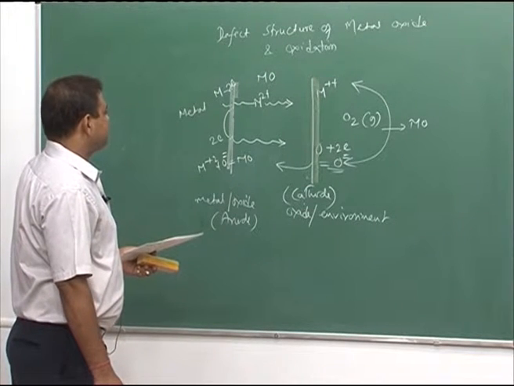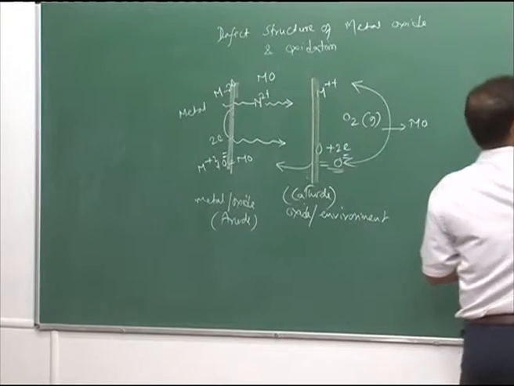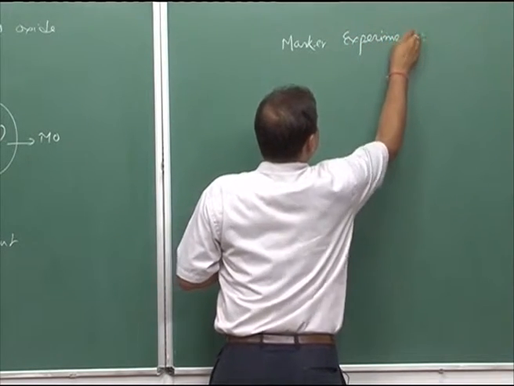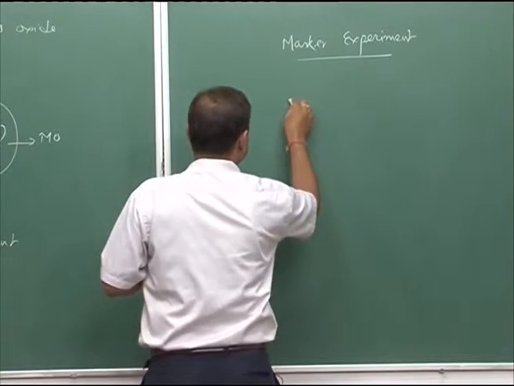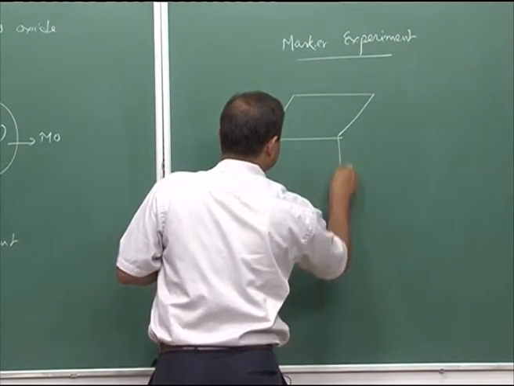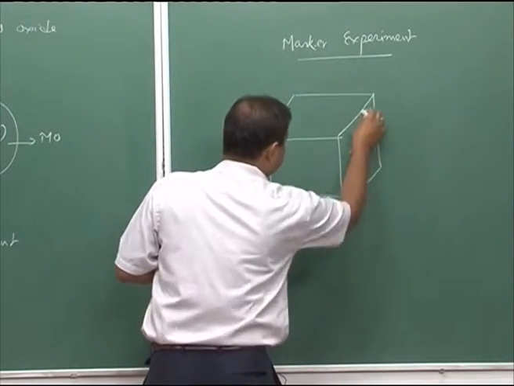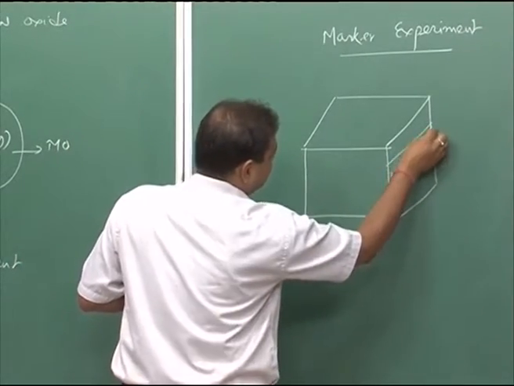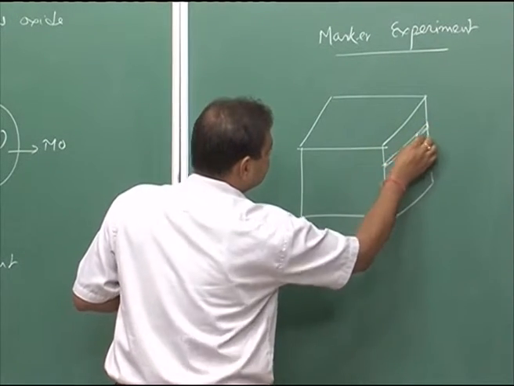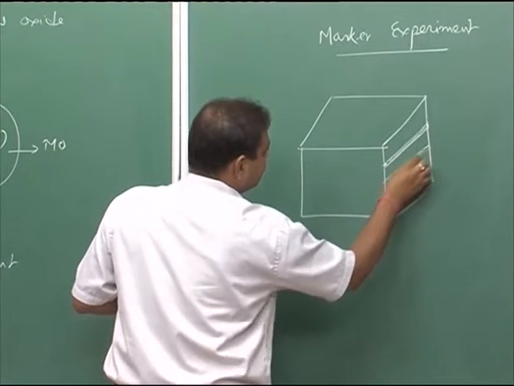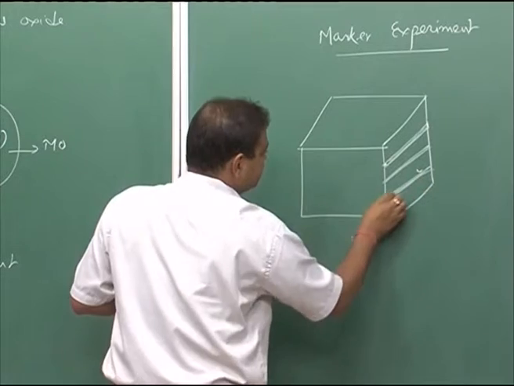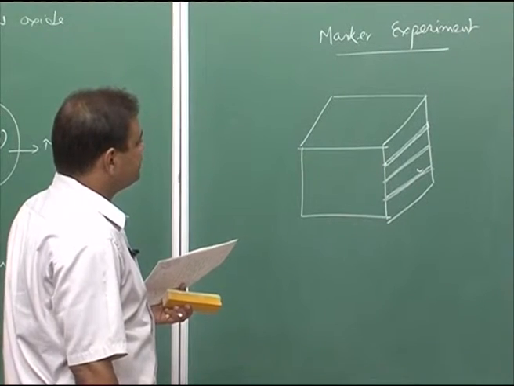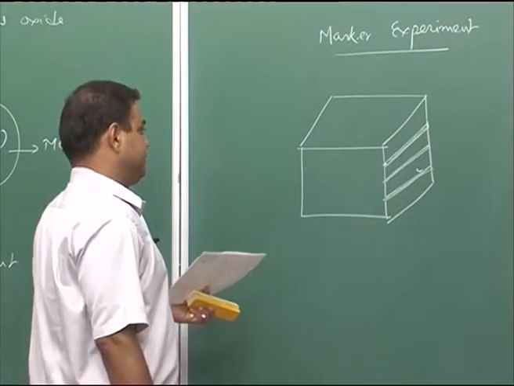So, if we do the marker experiment, let us say this is the metal surface, this surface is getting oxidized, and on it we put some platinum wire markers, and then we expose it to oxidation and see what the position of these markers would be after oxidation.